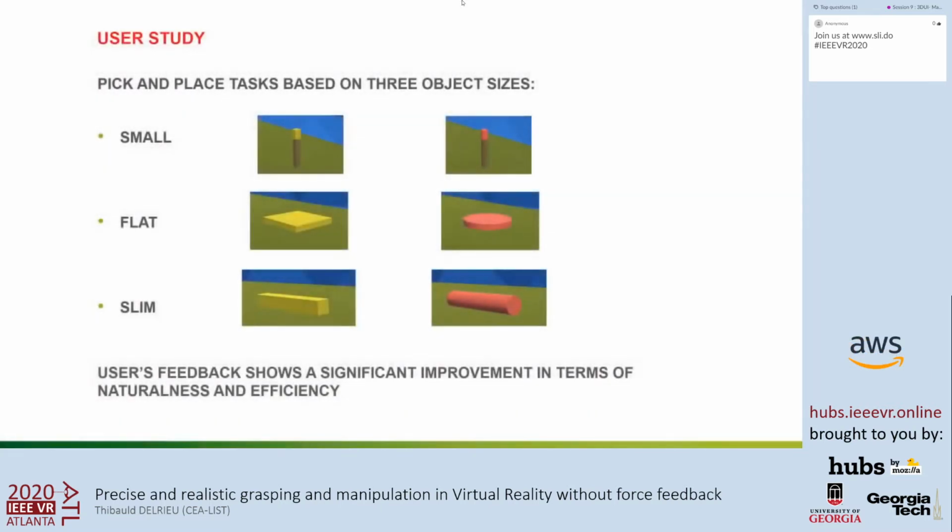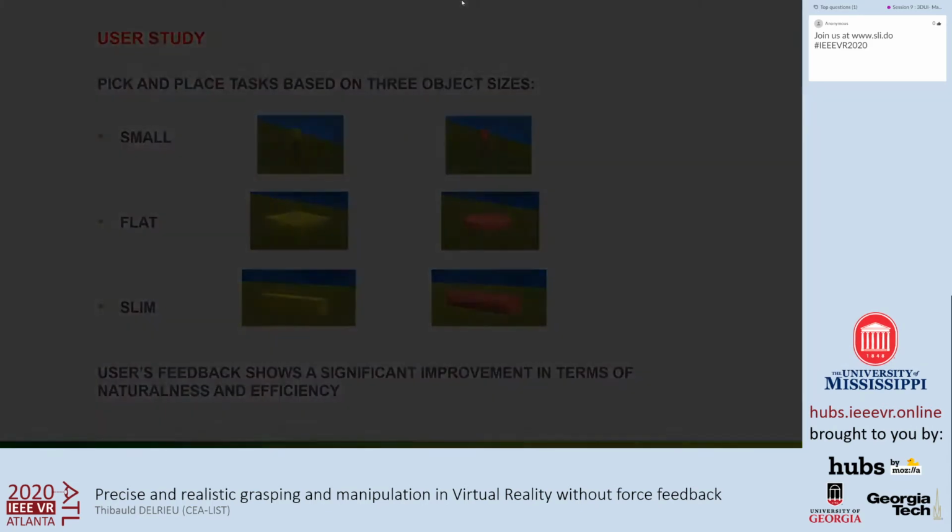We demonstrate the qualitative performance of our approach by conducting a within-subject experiment, which compares grasping and manipulation of three kinds of objects of three different sizes. The first is a small object, a cylindrical and cubic object, the flat one, and the slim one.